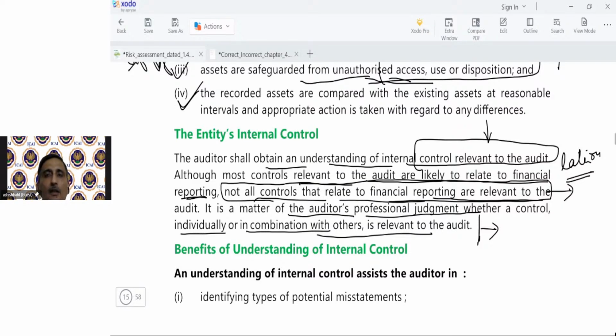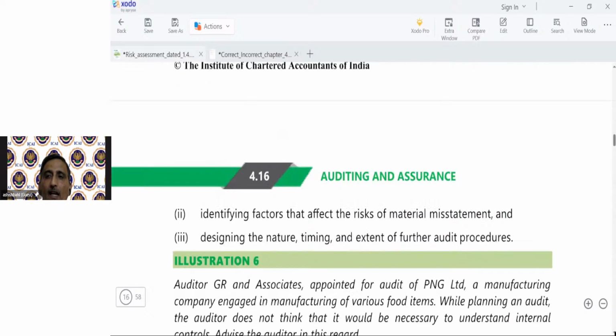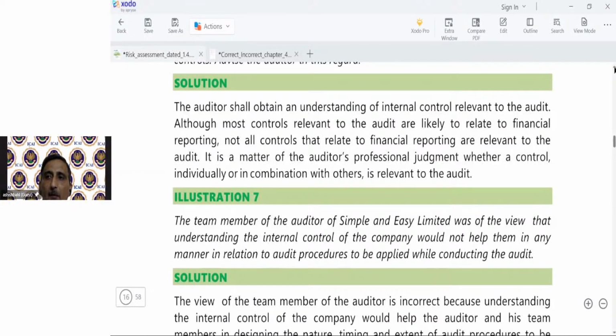Now this is a primarily untrue statement. This is incorrect. Only those controls which are relevant for an audit, not all controls are relevant. So you have to write in that way, because the auditor is concerned with financial reporting.